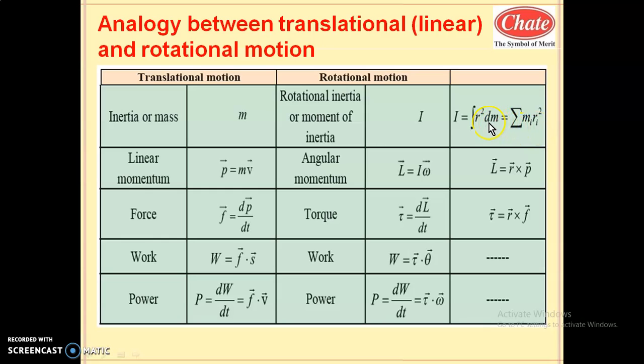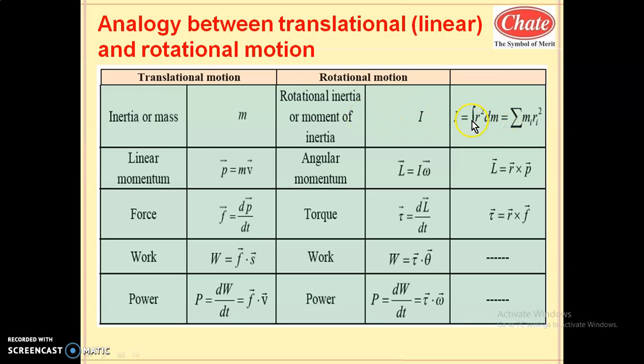If all elements are identical, we may calculate the moment of inertia as an integration of the elemental mass and its distance square from the axis of rotation. So this distance is the distance from the axis of rotation, its square, and integrate it, because dm into R square is the elemental moment of inertia. Integration of it will give the total moment of inertia.